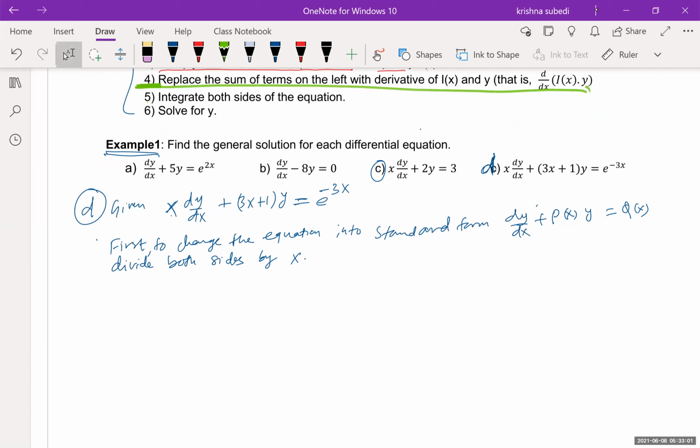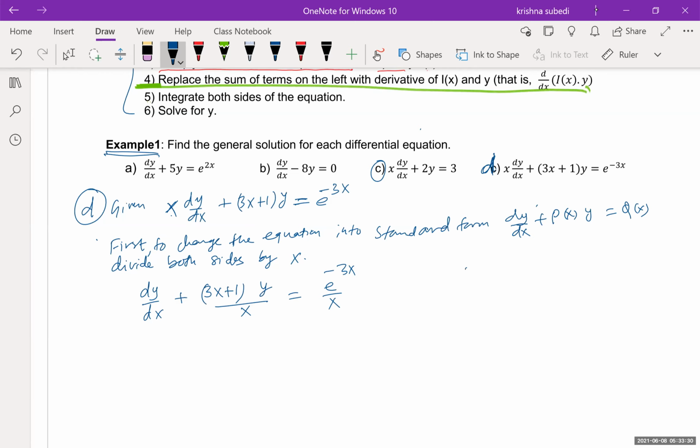If you divide both sides by x, you're going to get dy over dx plus (3x plus 1) y over x equals e raised to power negative 3x over x. That's what you get.